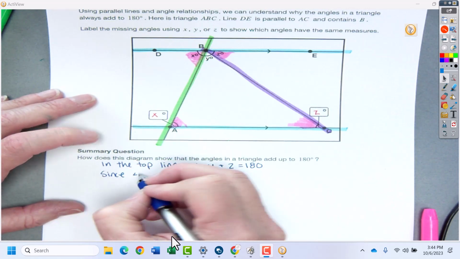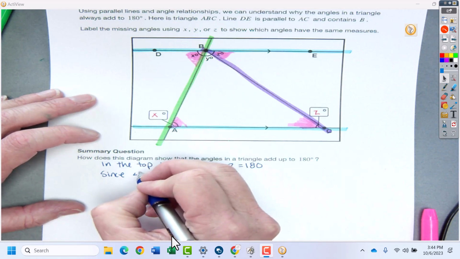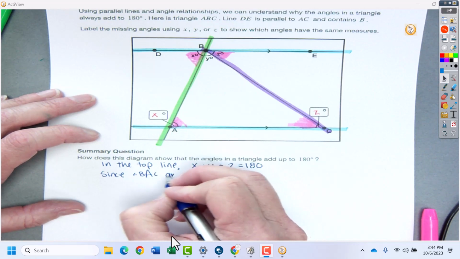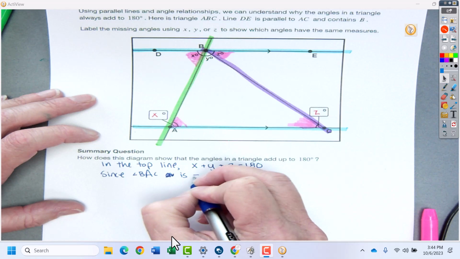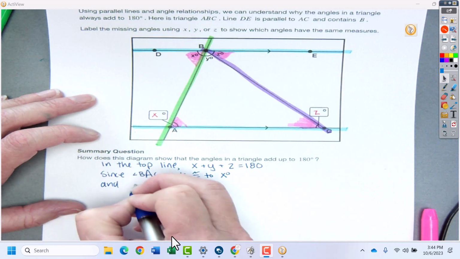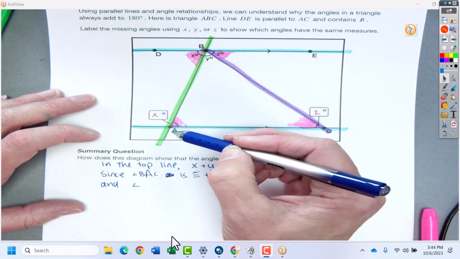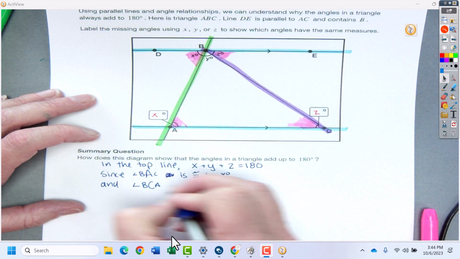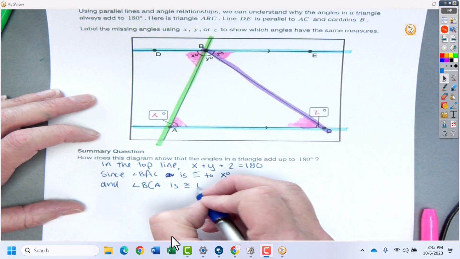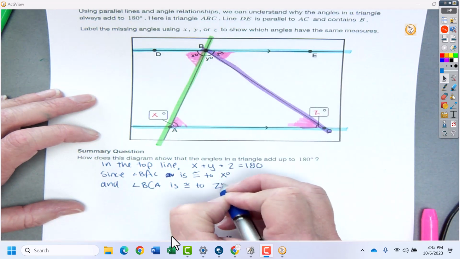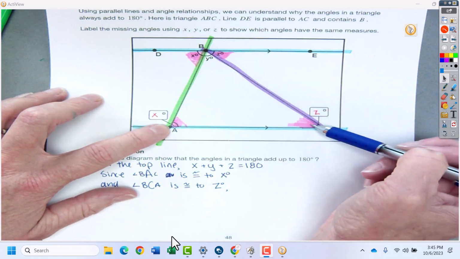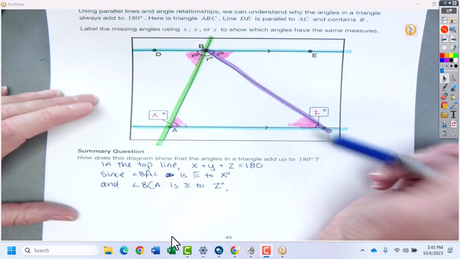Since angle, I have to call it angle BAC. That middle letter is the vertex. Since BAC is congruent, I'm going to use the symbol, to x, and angle BCA is congruent to this angle up here, angle z, then I'm still saying x plus y plus z is 180.